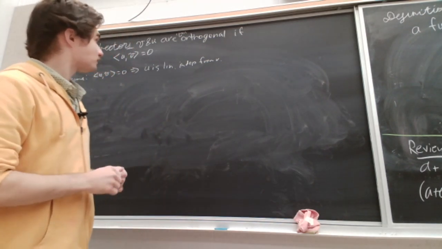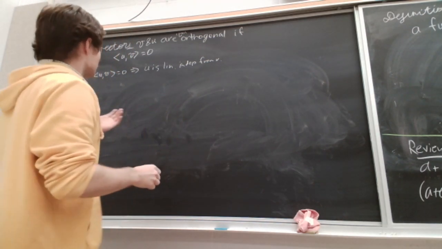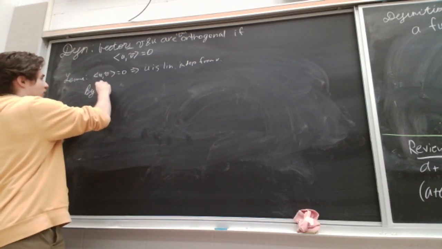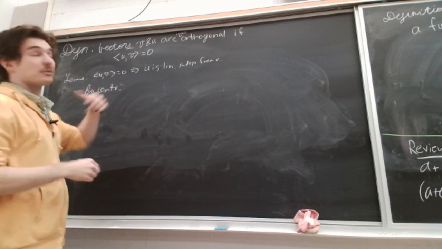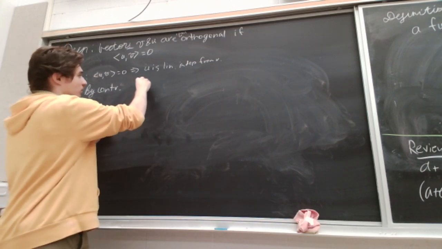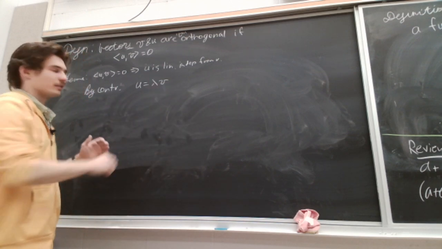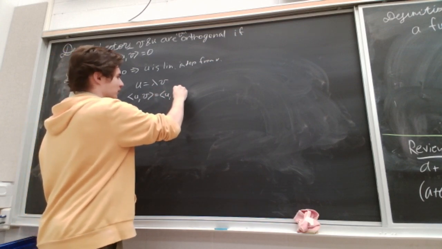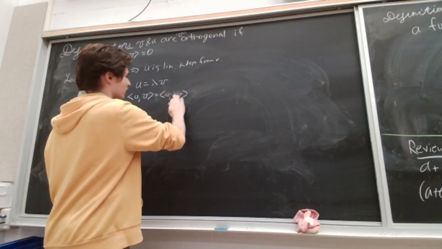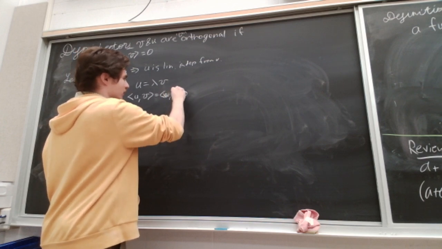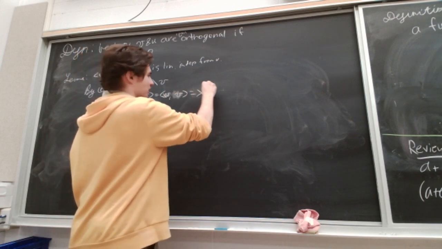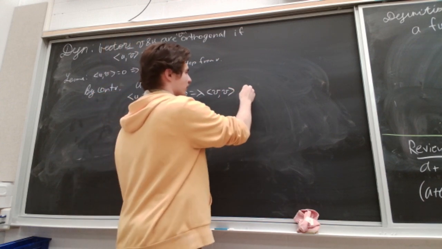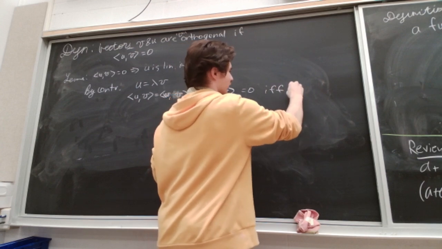Yes? Okay. Well, suppose, you do this by contradiction. If u and v were linearly dependent, that would mean that u is equal to some lambda v. Do you agree? Then the inner product of u and v would be equal to u with lambda v, which would equal lambda times v comma v, which therefore is 0 if and only if v is 0.